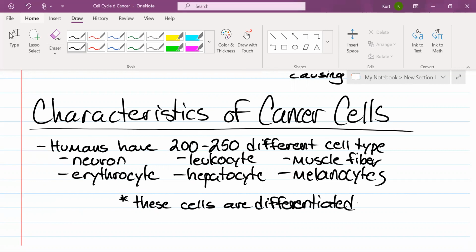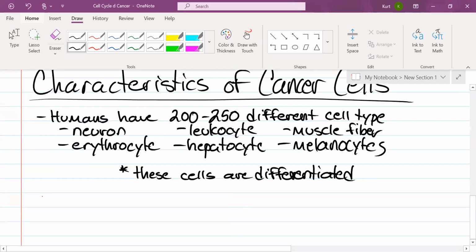Cancer cells don't do this. They are not differentiated. So that's going to be our first one.